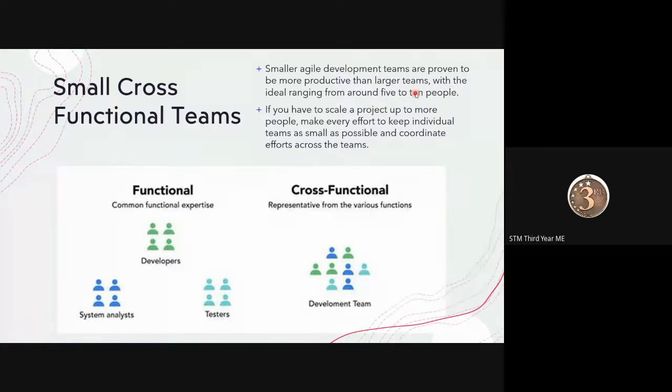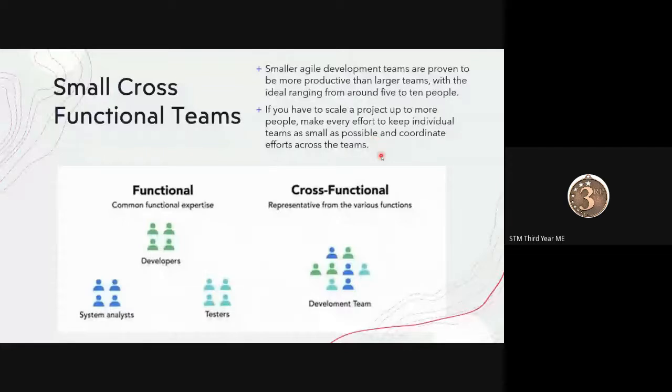Such a small team is always shown to have more productivity when compared to other kinds of teams. Then, if you have to scale a project up to more people, make every effort to keep individual teams small and coordinate efforts across the teams.